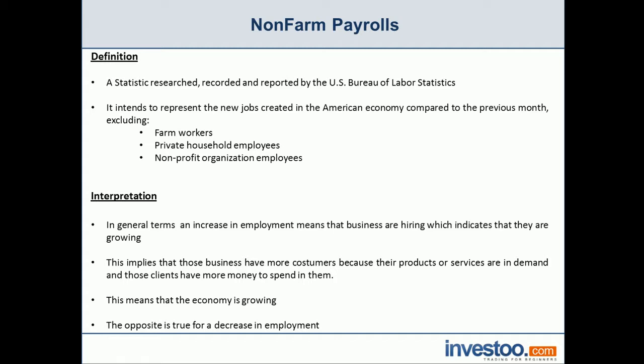But if we have negative numbers, it means that the immediate reaction to the US dollar would be a bearish one, which will mean that we will be looking to buy the euro US dollar and sell the US dollar yen. And of course, you can always print out the implication charts that I made for you on the last lesson of last module.